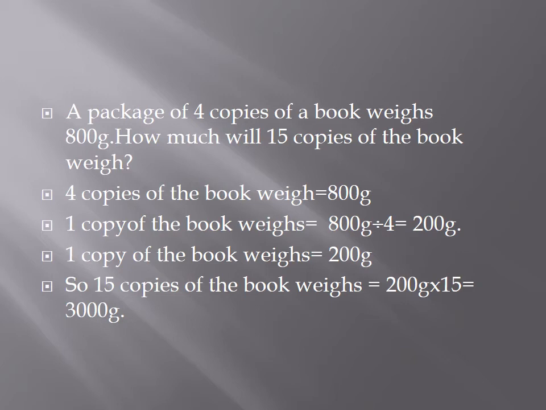Let us see one more example. A package of 4 copies of a book weighs 800 grams. How much will 15 copies of the book weigh? 4 copies of the book weigh 800 grams. 1 copy of the book weighs 800 divided by 4, that means 200 grams.